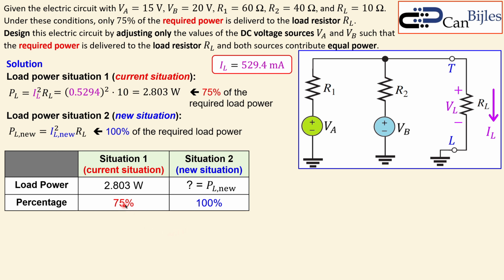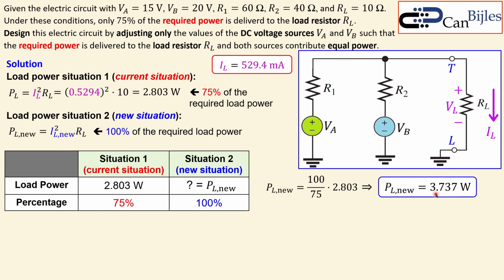In order to do that, I also need to do the watts here. So this power also must be multiplied by 100 over 75. So the equation is given by this: 100 over 75 times this power will be the new load power required, which is then 3.737 watts.